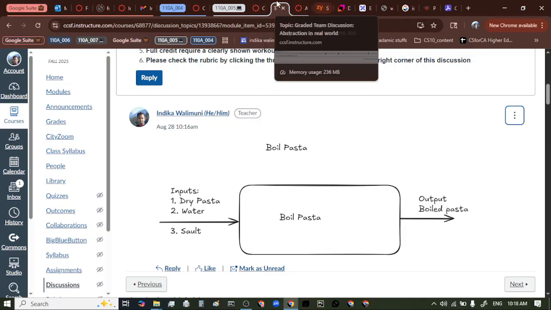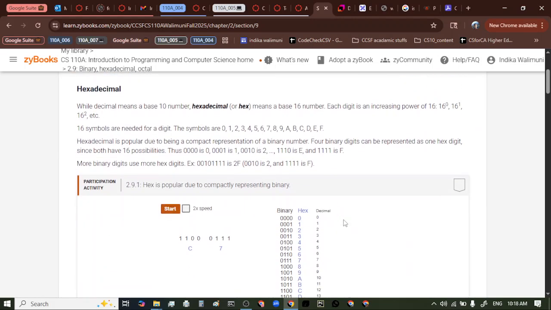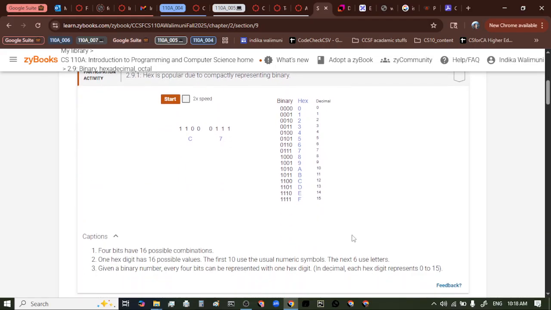All right, so let's move on, guys. I'm going to go to SciBook. This topic is really important. They have given a table over here. Let's begin with this. I'm going to start off with the decimal system.